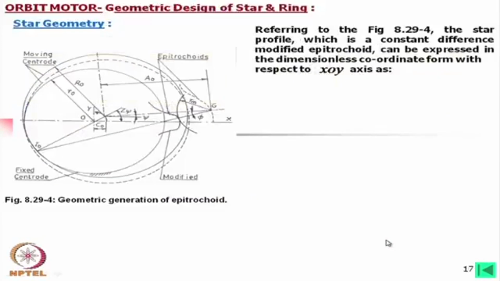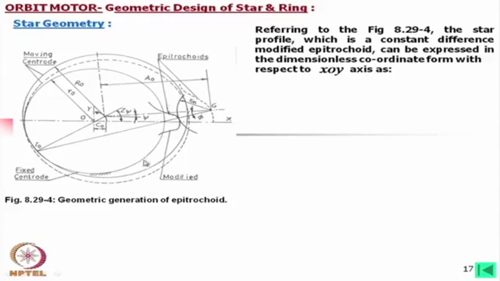Now, how to design such a star and ring? Again we consider that this is the describing circle of the outer member, and this is the describing circle of the inner member. What we are trying to do is generate the lobes, or the gear profiles, on the star member.